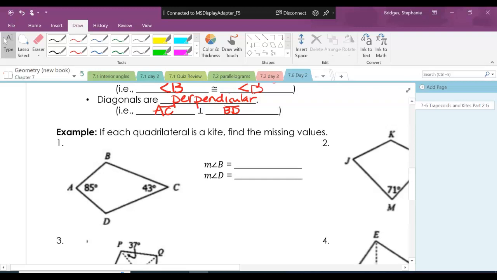Not 130. What kind of shape is it? How many sides does it have? It's a quadrilateral, it has 4 sides, which means its total degrees would be not 180 but 360.